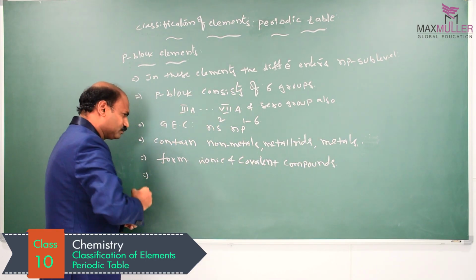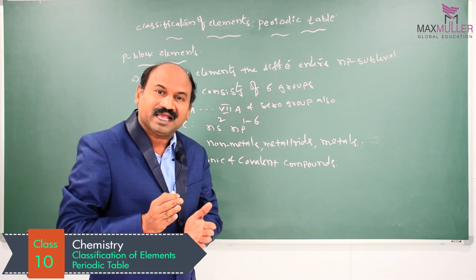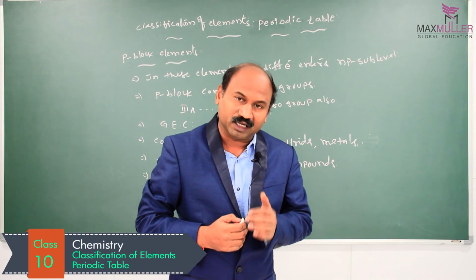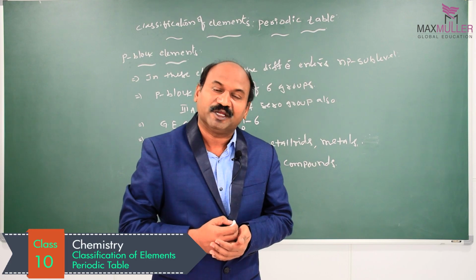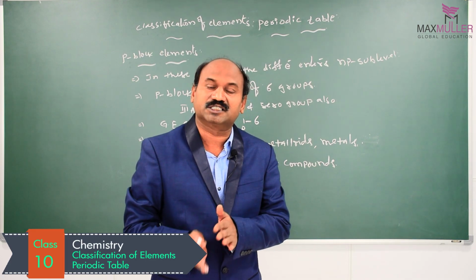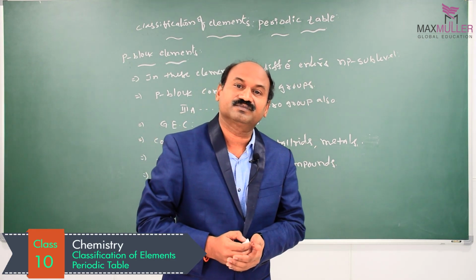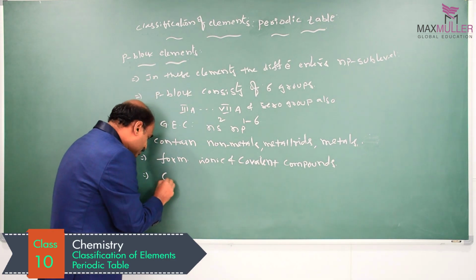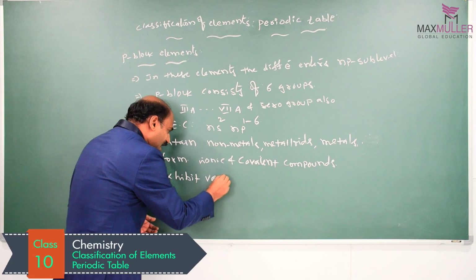Now, what about their valency? S block elements have fixed valencies, whereas p block elements exhibit variable valency. That means the same element may exhibit different valencies. I will give one or two examples.